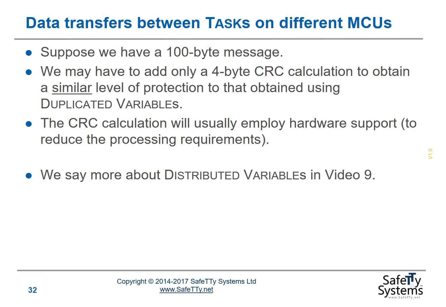We may have to add only a 4-byte CRC calculation result to obtain a similar level of protection to that obtained using duplicated variables. The CRC calculation will usually employ hardware support to reduce the processor requirements. You'll find a definition of distributed variables in Appendix 1 of the ERES2 book. We'll say more about distributed variables in video 9.